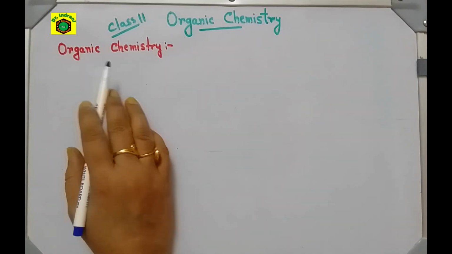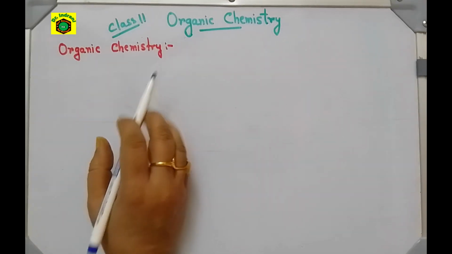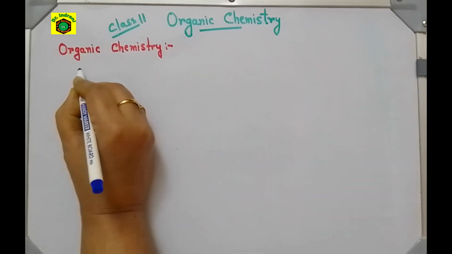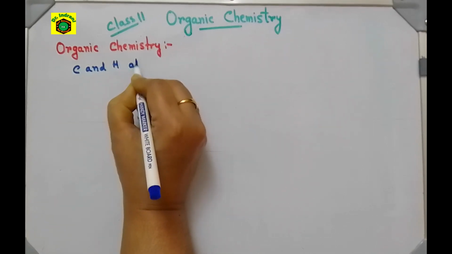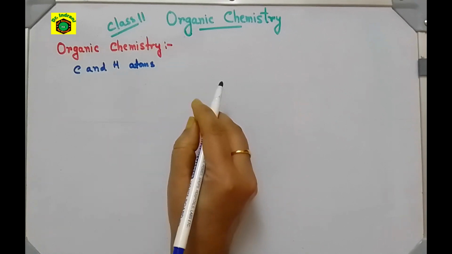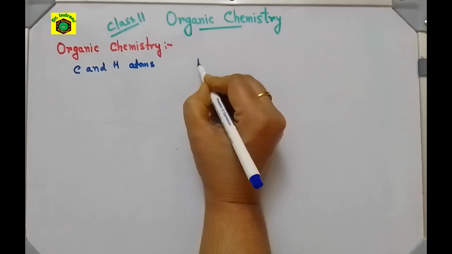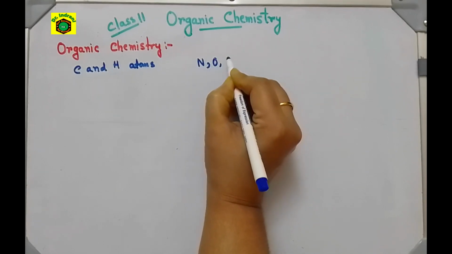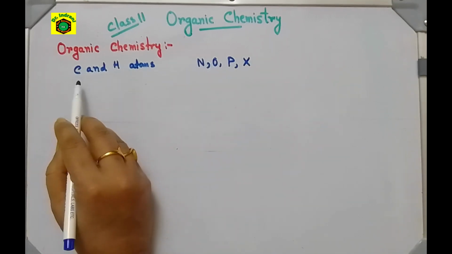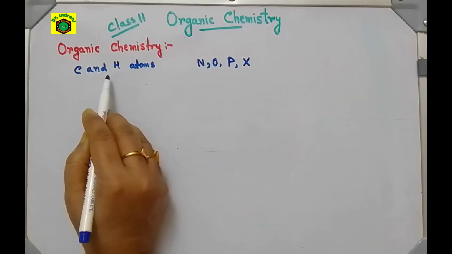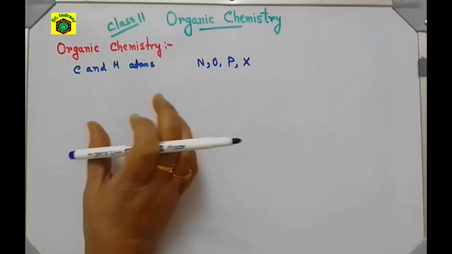Next, we should know what is organic chemistry. It was observed that almost all the organic compounds contain both carbon and hydrogen atoms, and some of them also contain atoms of other elements like nitrogen, oxygen, phosphorus, halogen, etc. Carbon and hydrogen containing compounds are called hydrocarbons. In hydrocarbons, only carbon and hydrogen are present.